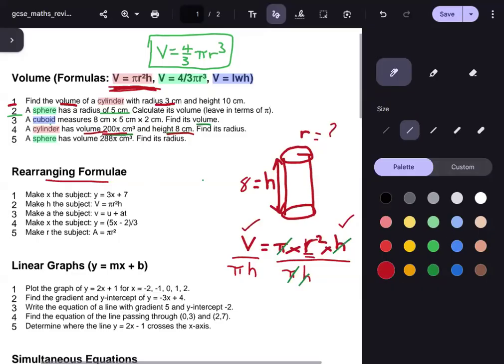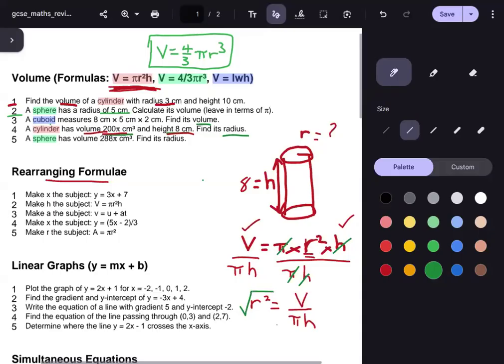So let's write this equation again. It's going to be r squared is equal to v divided by pi times h. But remember, we don't want r squared, we want r, because we were told to find the radius. So we need to get rid of the square. In math, the way you get rid of a square is you square root the number.